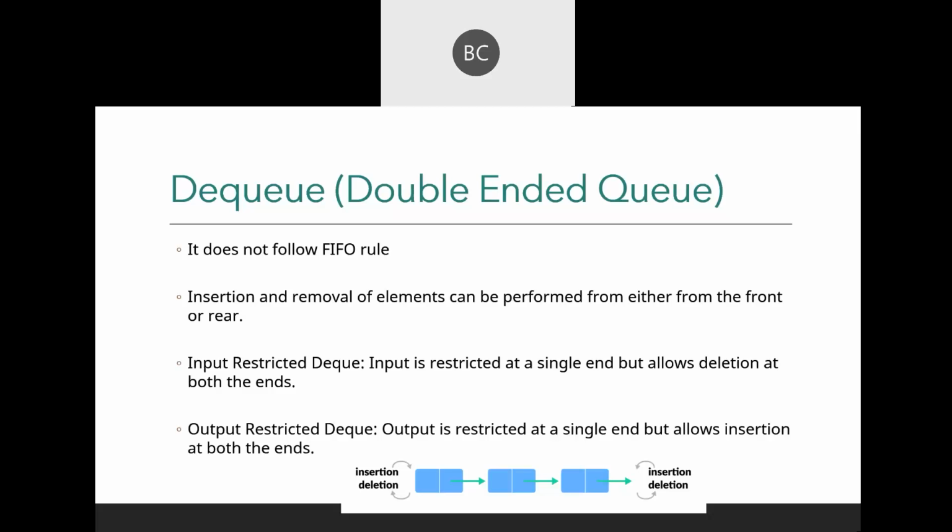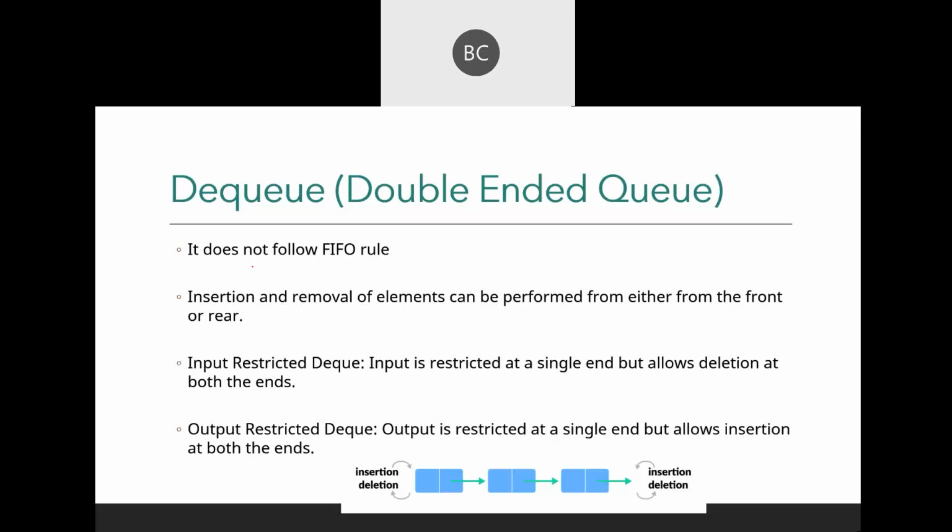Insertion and deletion can be performed from either front or rear. The front and rear are there just to know the head and tail, but you can insert or delete items from anywhere. From the front you can perform insertion and deletion, and from the rear you can also perform insertion or deletion.